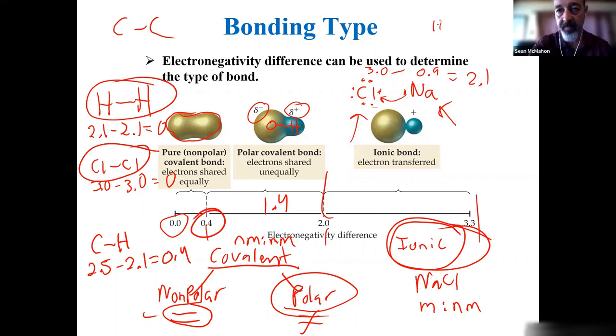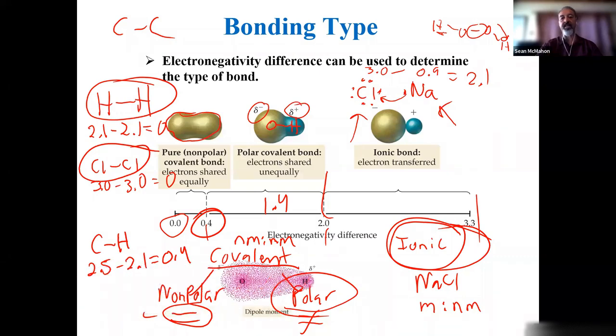Remember I drew the peroxide? This bond right here is nonpolar. Now this bond is not, okay? That's why this is a polar molecule, but the oxygen-oxygen bond is nonpolar. It's going to be 0. So when is it going to be polar? Pretty much all the other times. You're pretty much going to have it polar.